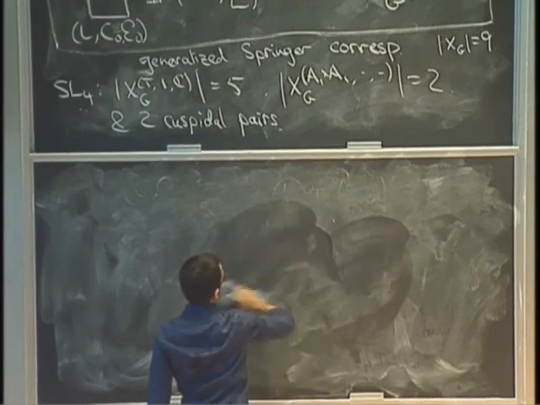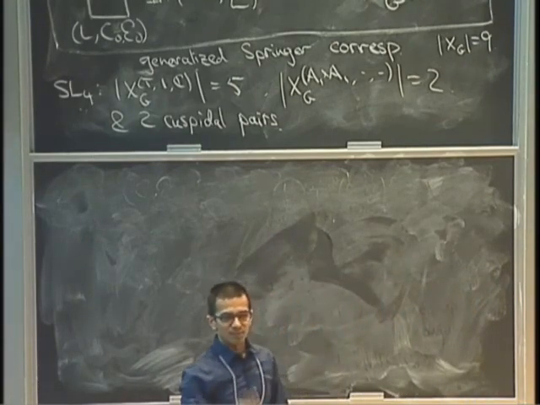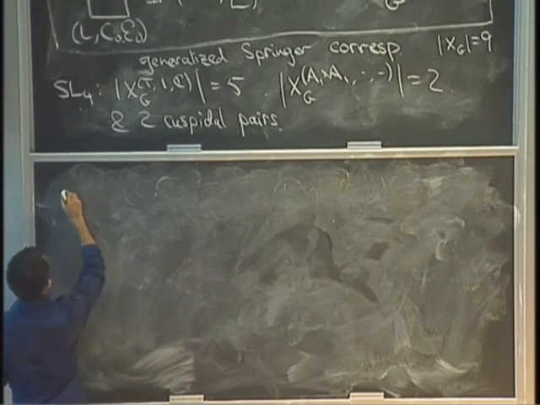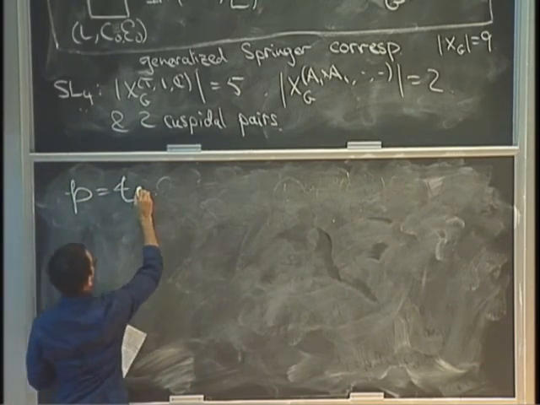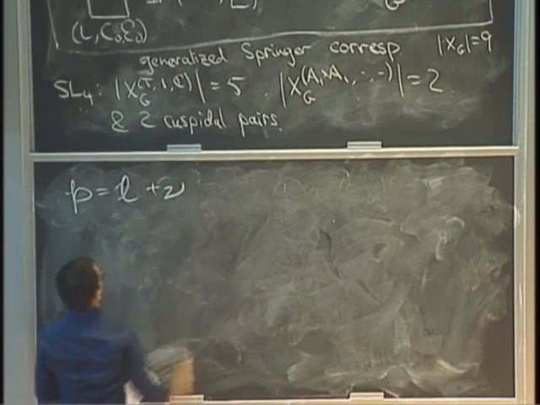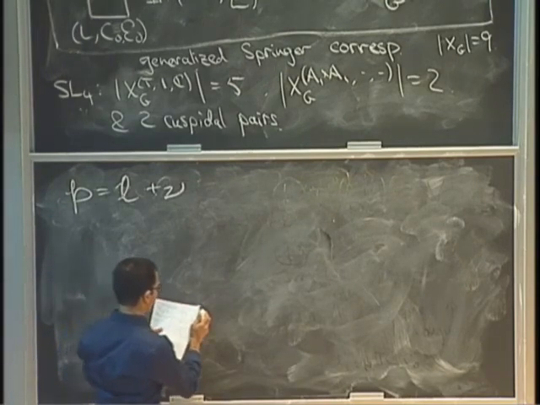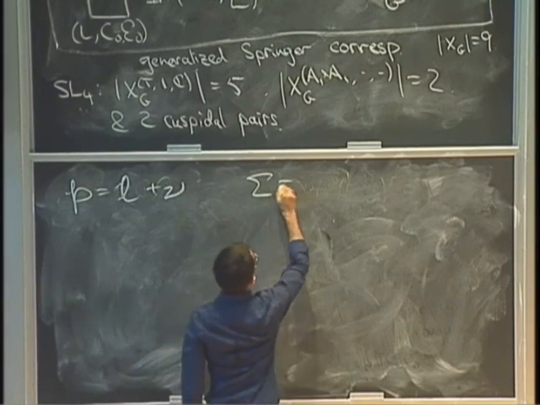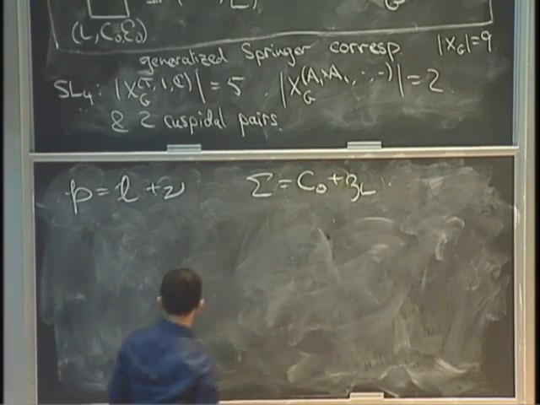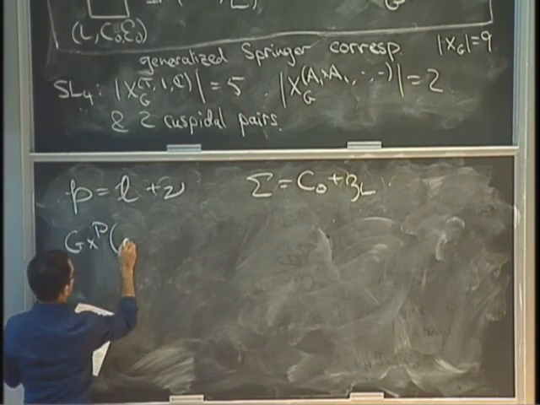The biggest change is that some multiplication signs turn into plus signs. So if you have a parabolic Lie algebra, which is a Levi plus a nil radical, then I want to let sigma be C naught plus the center of L. And so the picture looks like this.